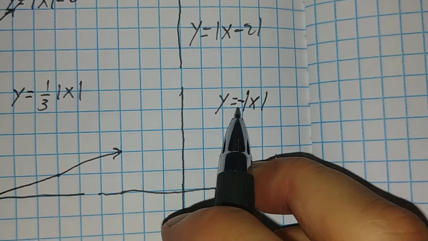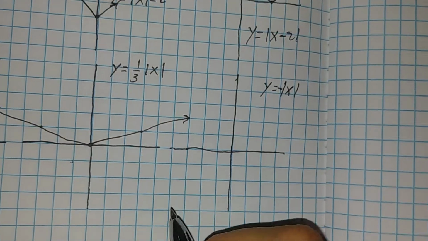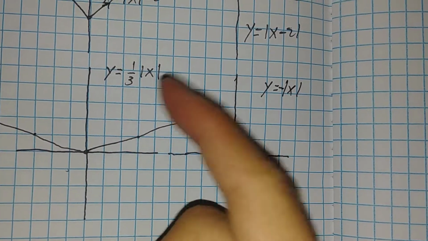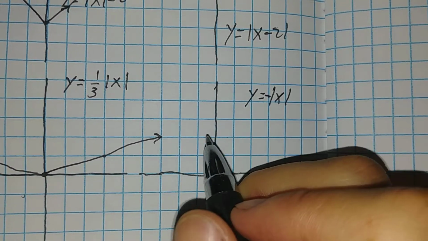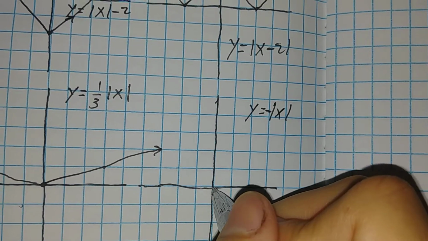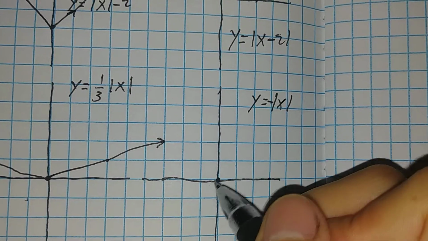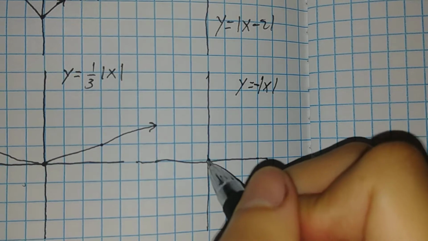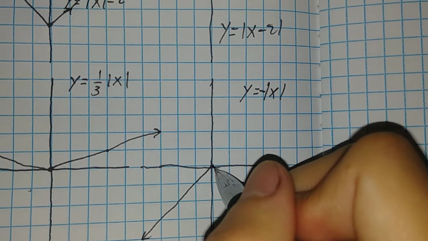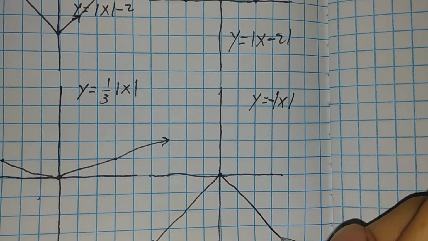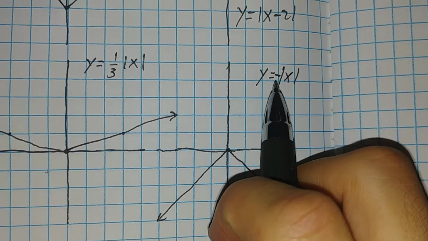If A is negative, which in this case it is, just by the absolute value being negative, this is a reflection, which will make my original graph, which looks like a regular V, the same V but now upside down, like this. We get this upside down V by this being negative.